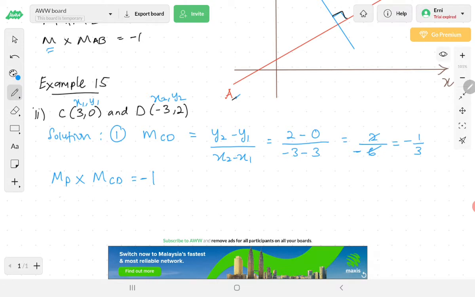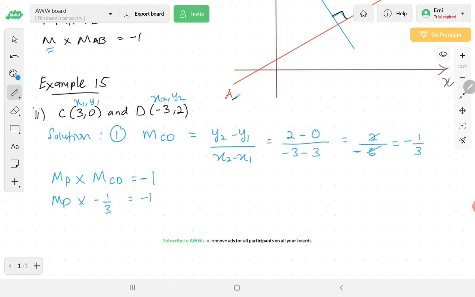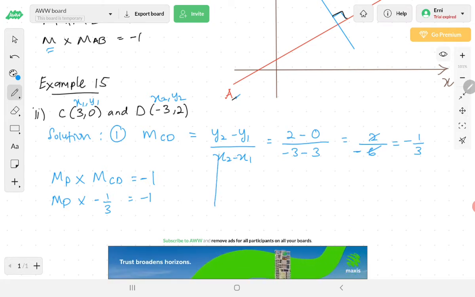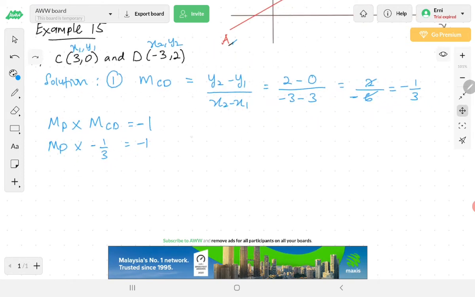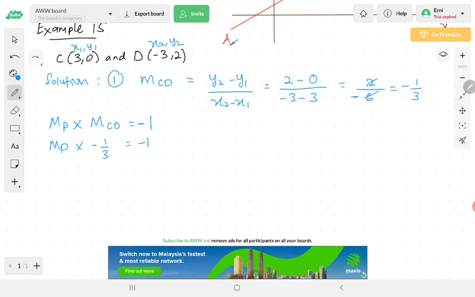So the gradient of the perpendicular bisector times -1 over 3 equals -1, and we get the value of MP is equal to -1 over -1 over 3, which equals -1 times -3 over 1. You get 3.